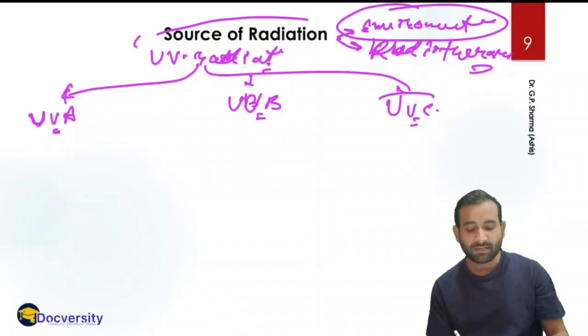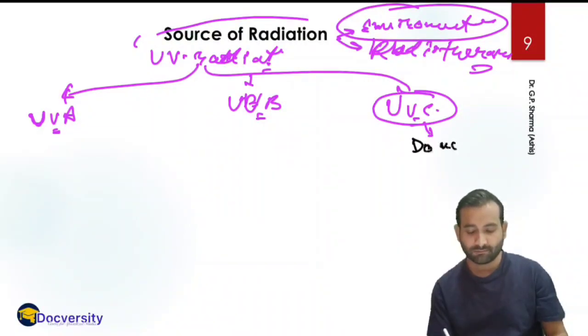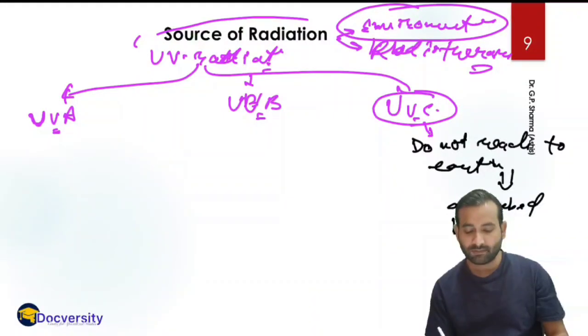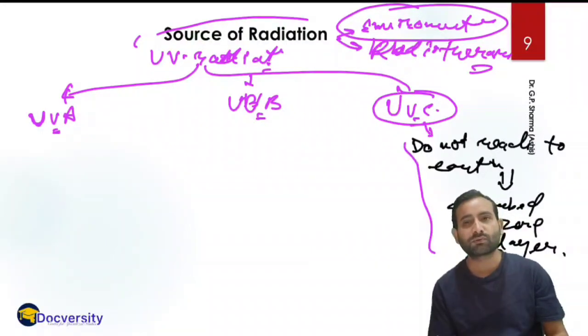Ultraviolet rays type C do not reach the Earth, right? Because they are absorbed completely by the ozone layer, so they are not harmful to us, right?